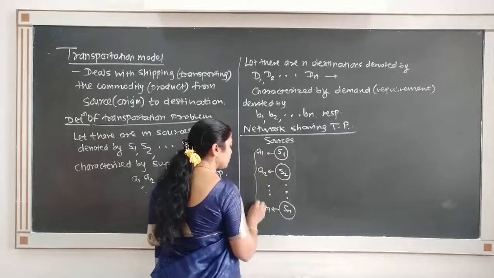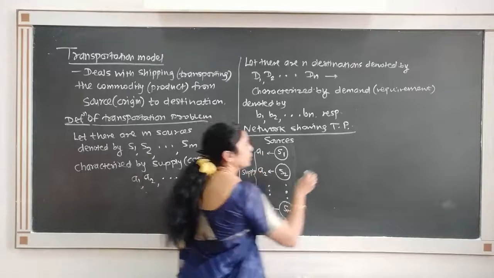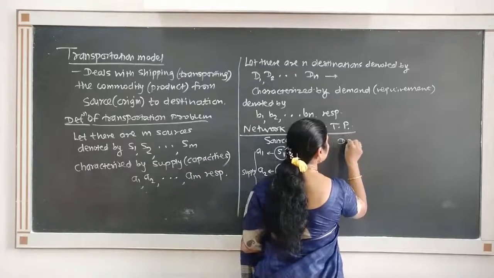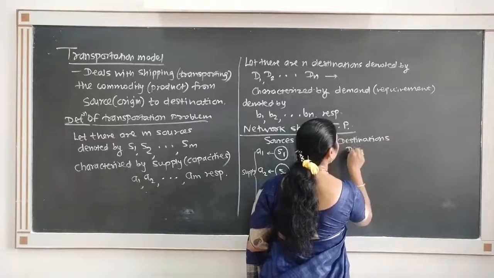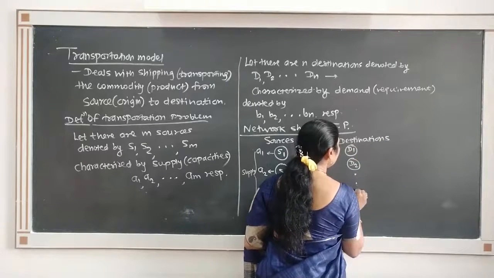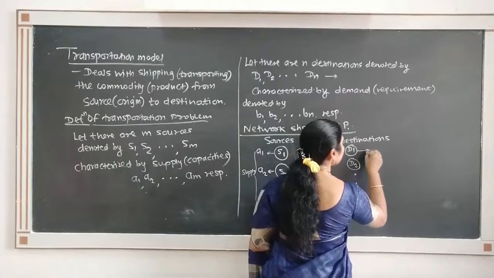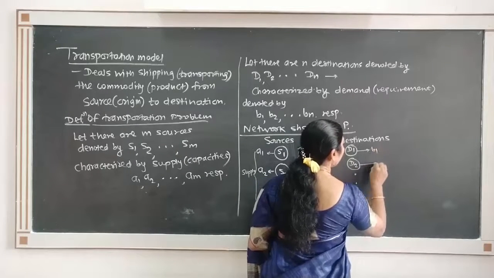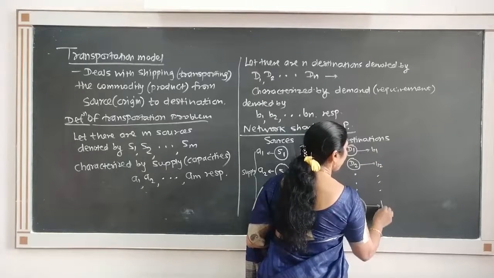So this is nothing but supply. Now there are n destinations. We denote them by D1, D2, etc., Dn, and they are characterized by demand B1, B2, etc., Bn.